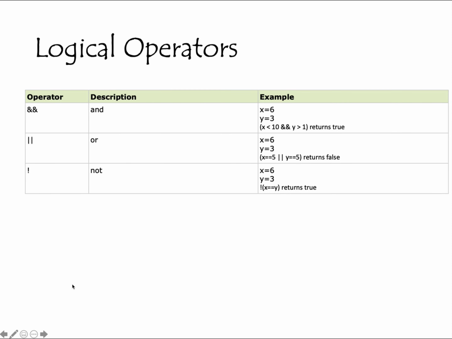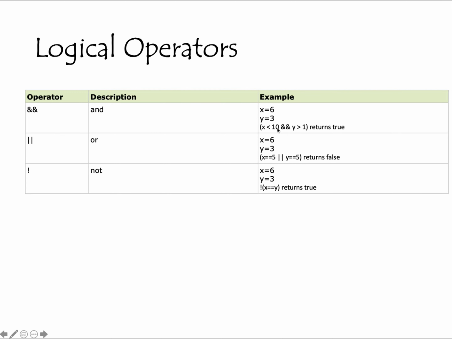In addition, we can also use logical operators. Logical operator, two ampersand signs, represents AND. If you need to combine two Boolean type values, for example, let's say here x is 6, y equals 3. The first condition, x is less than 10, is it true or false?